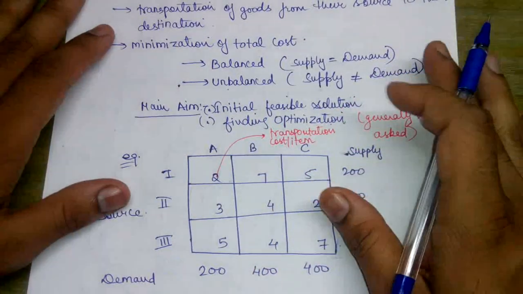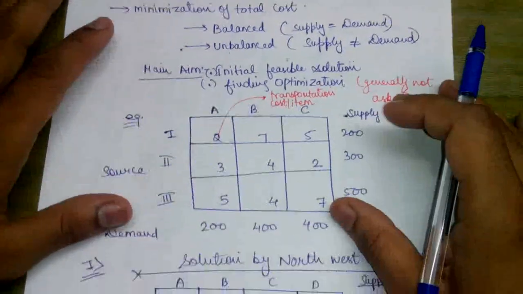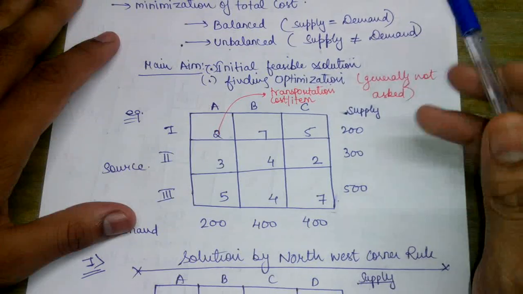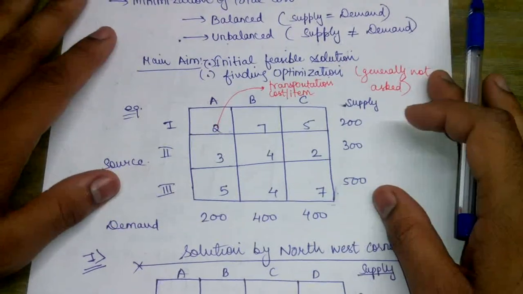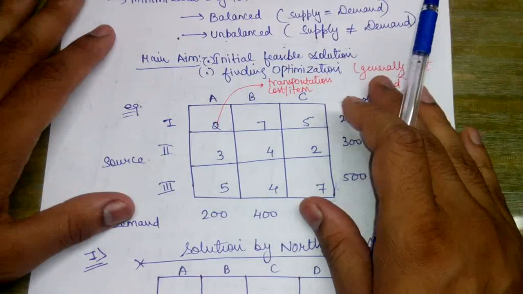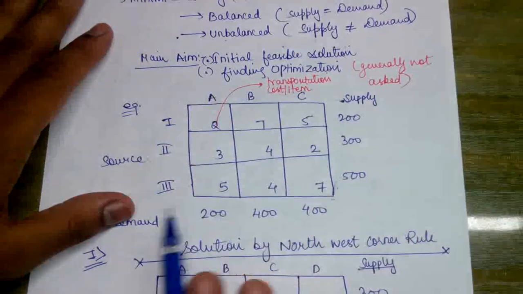Now the optimization part is actually very lengthy and quite complicated, so optimization is not asked, whereas only the feasible solution is asked by most of these examinations. This question will be given in the form of a matrix, in the form of rows and columns.